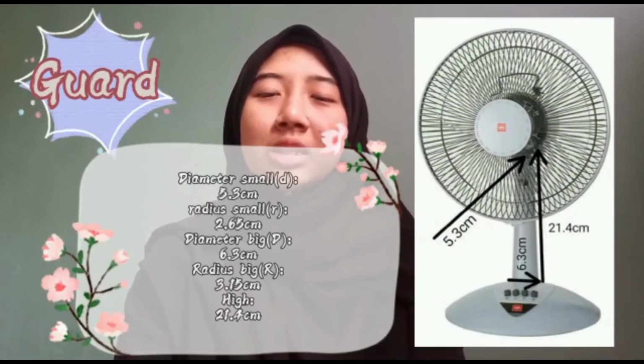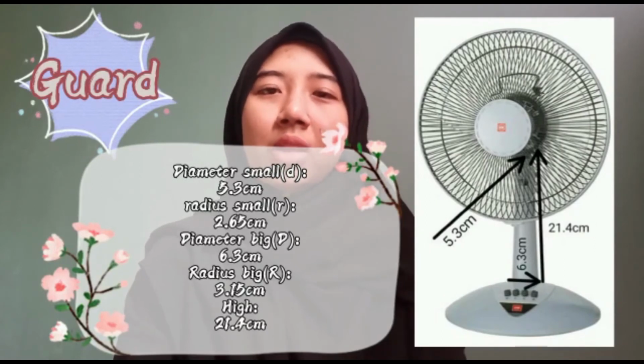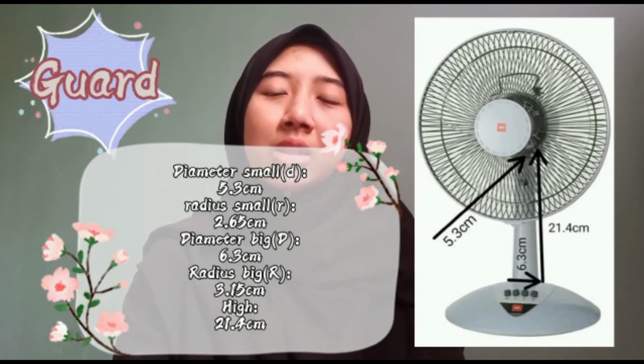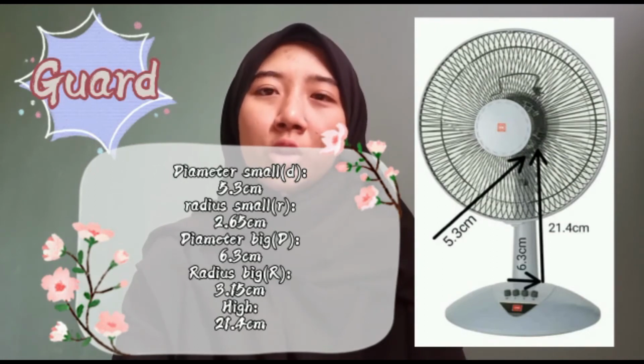Third, the guide. Small diameter is 5.3 cm, small radius is 2.65 cm, big diameter is 6.3 cm, big radius is 3.15 cm, height is 21.4 cm, and circumference is 21.5 cm.